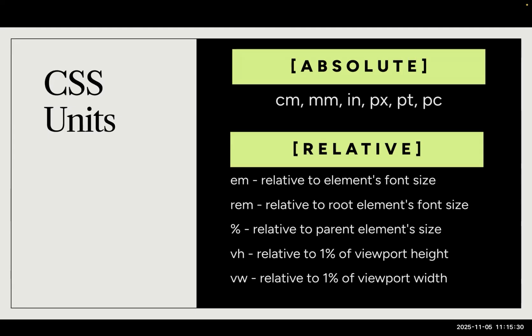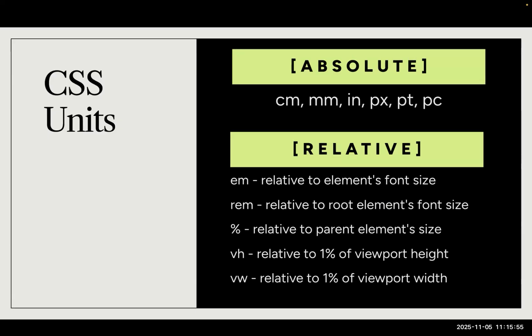Then we have a bunch of these relative units that get a little bit trickier. So EM is going to be relative to the element's font size. REM is relative to the root element's font size. Every HTML document has this invisible root element that we don't add ourselves, but you can customize what its default font size is.